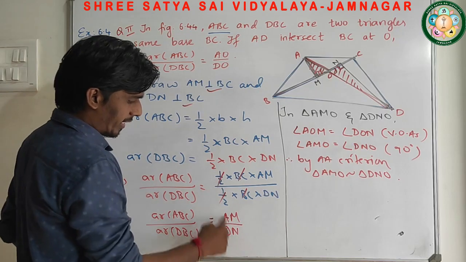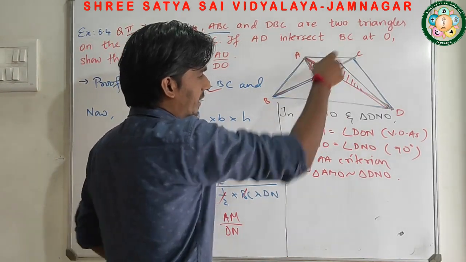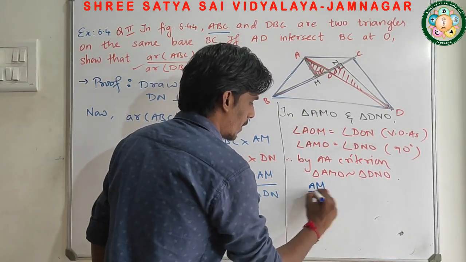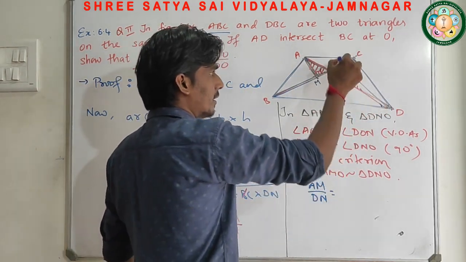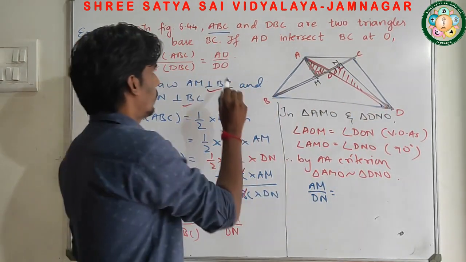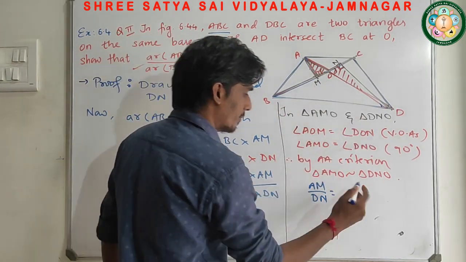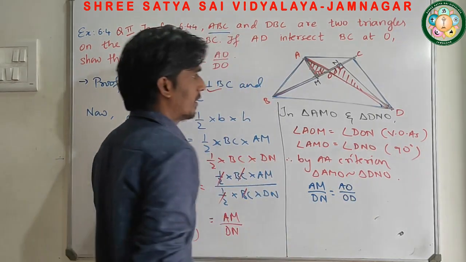Now here I got the ratio AM upon DN. So is it possible to take here AM upon DN? Yeah. So I am going to take AM upon DN is equal to which other do I want? AO upon OD.